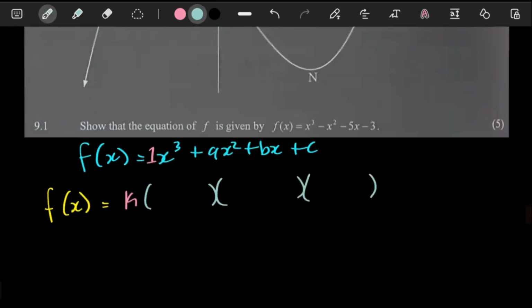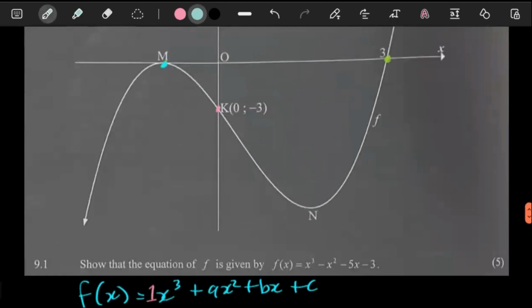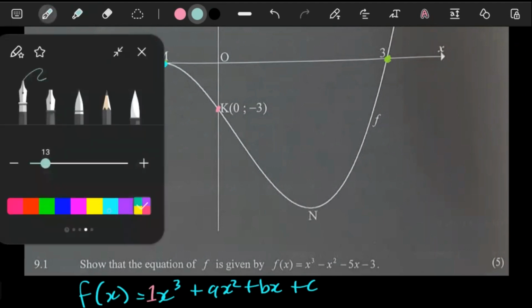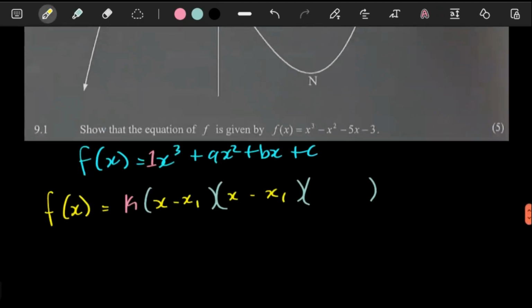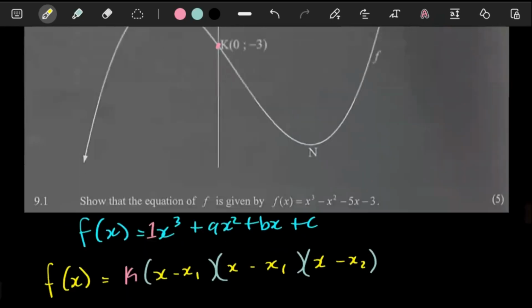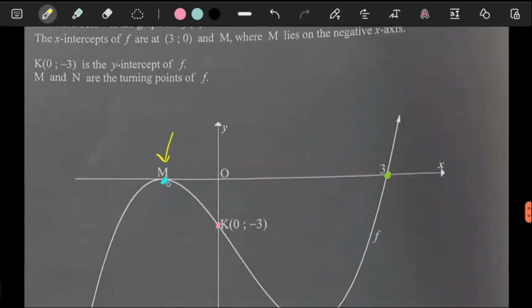As long as your cubic function has a turning point where it also has an x-intercept, it means that 2 of the brackets will look identical. And then the last one will have its own unique x-intercept. The ones that look identical represent this x-intercept.